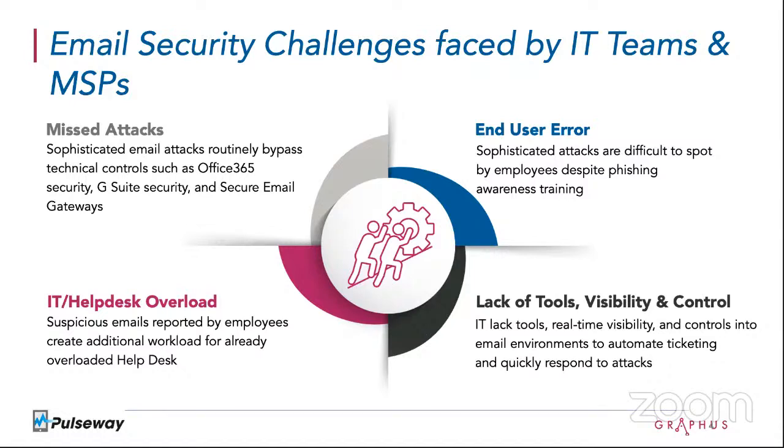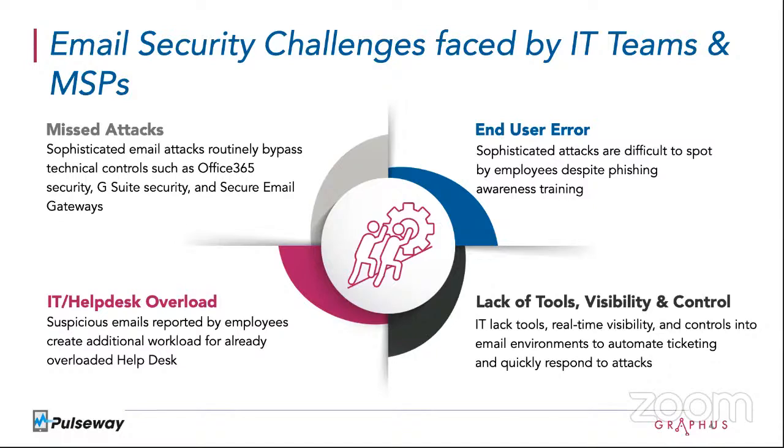Now, a related issue of employee training or end user error is that once you have trained the employees, what you tell them is that if you see something suspicious, forward it to IT, so IT can investigate it. If it is a threat, they can act on it. If not, they'll let you know about it.